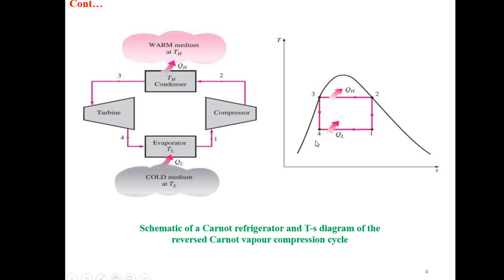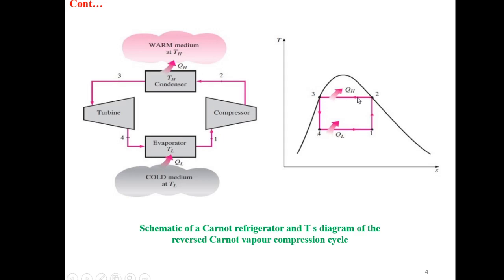So to remove these difficulties, we have to move this point 1 towards the right, or we have to remove the moisture content. We have to make this point 1 dry saturated. When we do this, then point 2 will be here. So points 2 and 3 will not have the constant temperature.